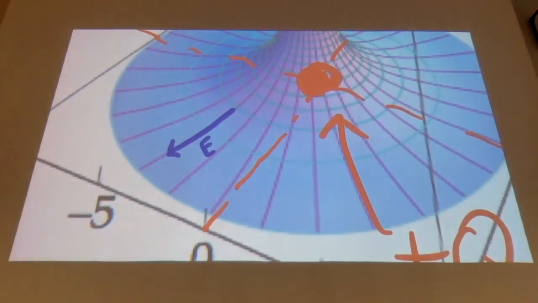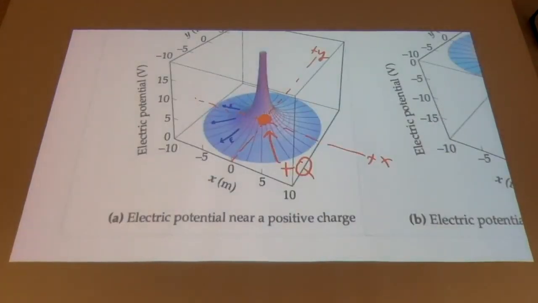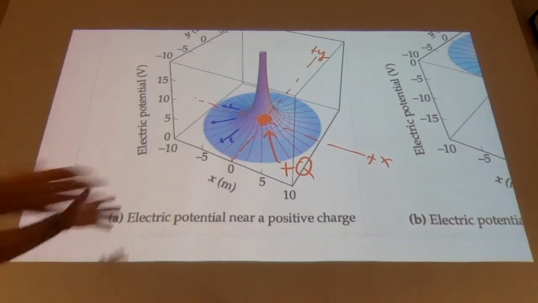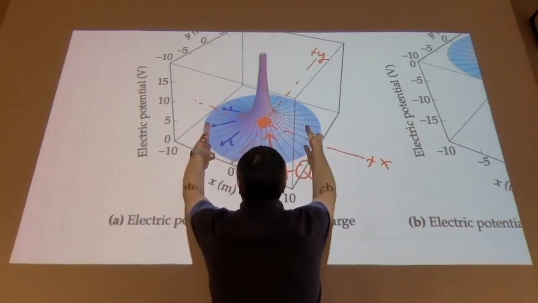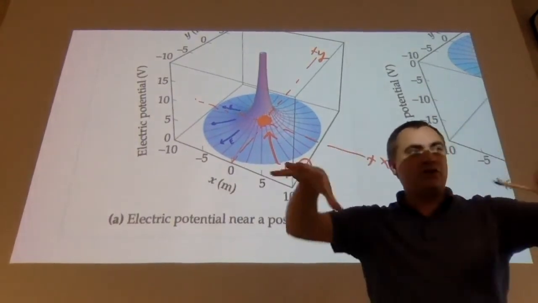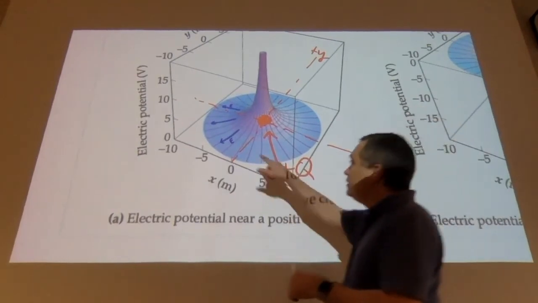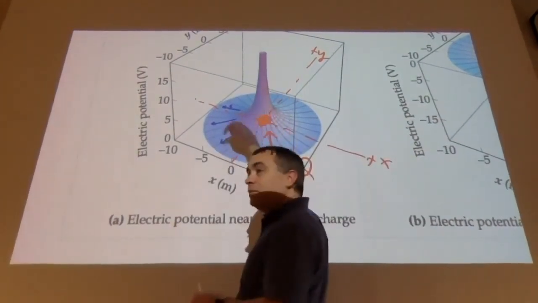Now let's step back and think about that a little bit. All of these lines around here represent the electric field around that charge. Imagine something with me, if you will. Take this diagram and let's flip the whole thing towards you so you're looking down on top of this cone shape that's there, okay? What are you going to see if you look down on top of it?